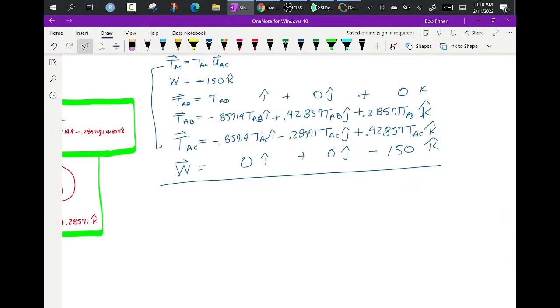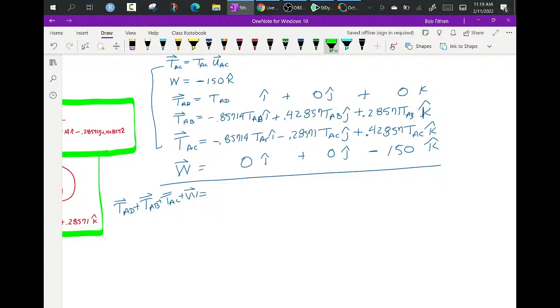So if I sum them, I'll get TAD plus TAB plus TAC plus W equaling 0.